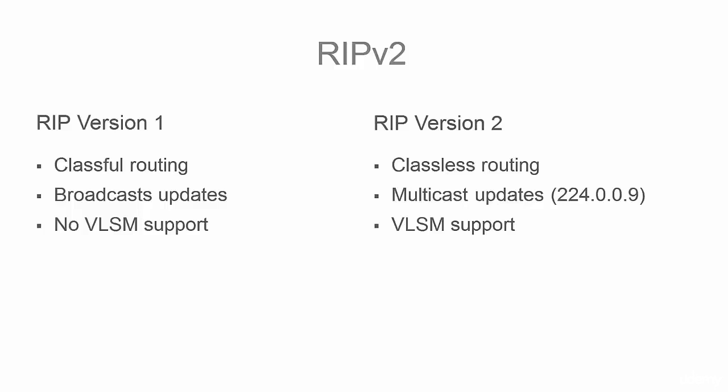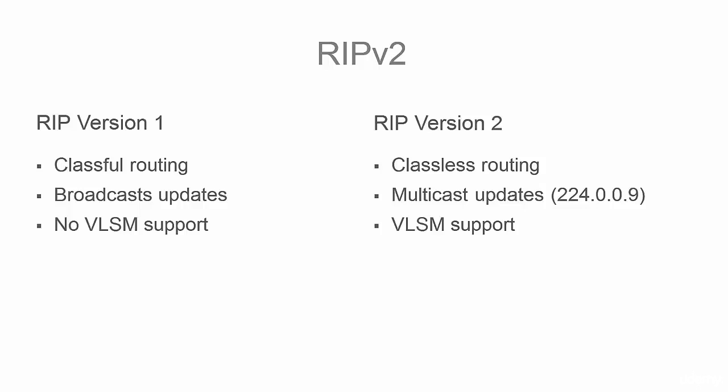Before we get started with RIP version 2, I wanted to point out a few differences between the original RIP version 1 and version 2 that we're going to cover in this course. Version 1 was a classful routing protocol. RIP version 2 is a classless routing protocol. Version 1 sent its RIP updates via broadcasts.